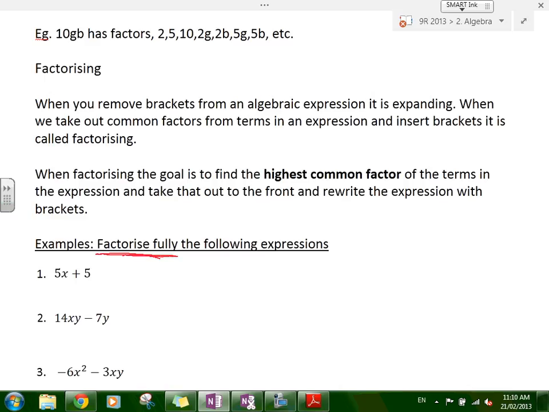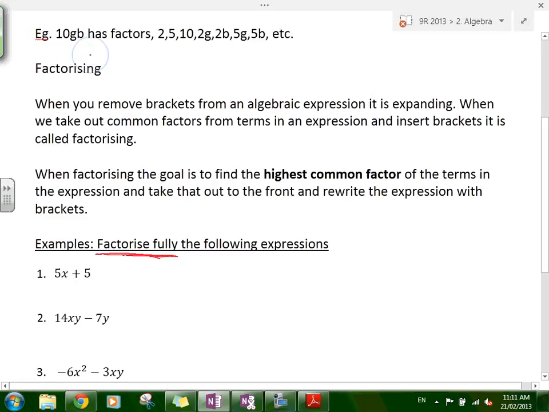Maybe you actually need to just take out a lower common factor than it absolutely does. Later we'll get into more of that when we're doing more techniques and solving things. But when it says factorize fully, it means take out the highest common factor and make sure that it's completely factorized. There's nothing else that you can take out of both terms. Okay? So that's what that means.